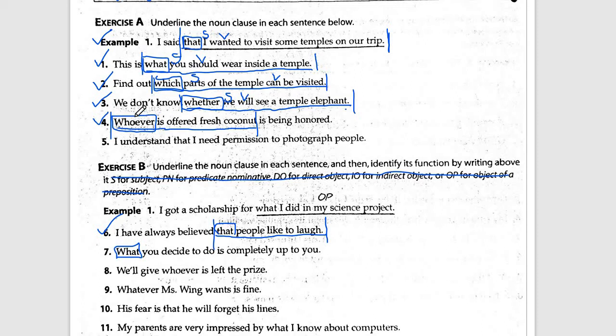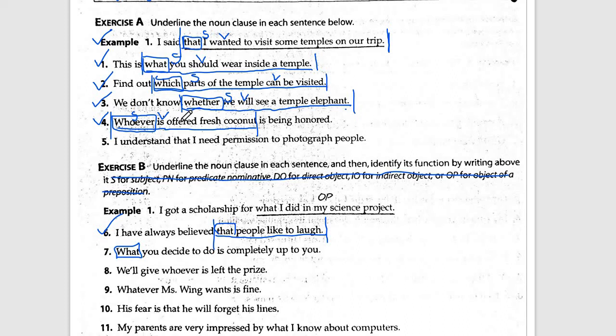All that's happening here is you've got a noun in whoever, and it has a verb directly after it, so it's the subject, is offered. Whoever is offered fresh coconut, that's a category of people. That's a group of people with a specific condition here that's making them a part of that group, a part of that specific noun.